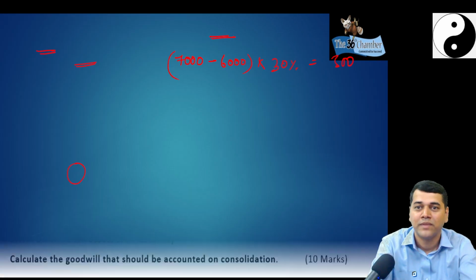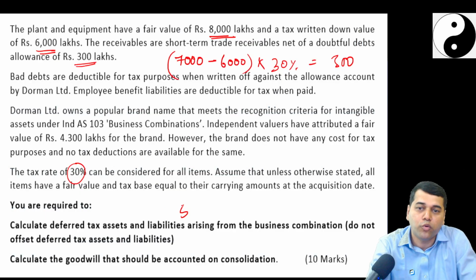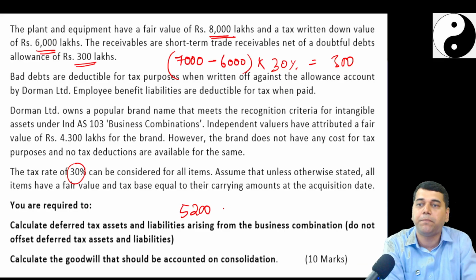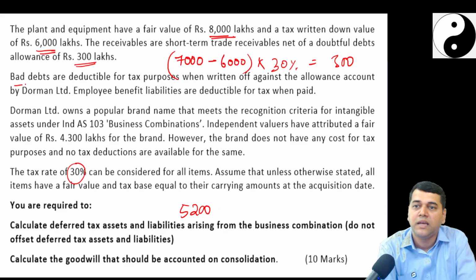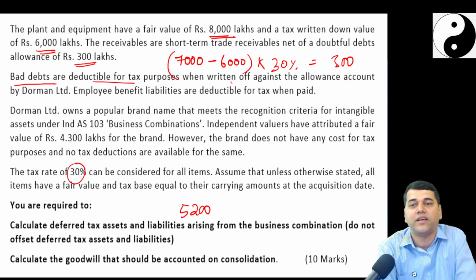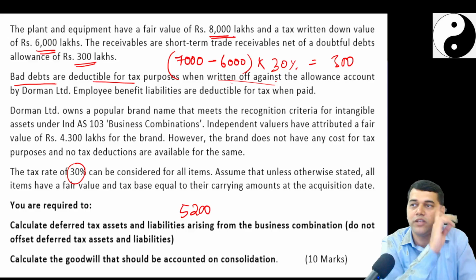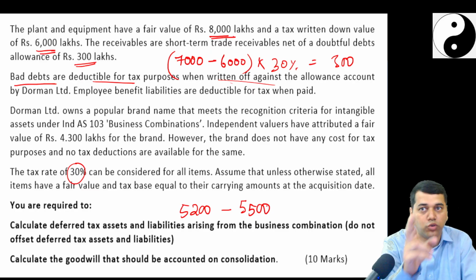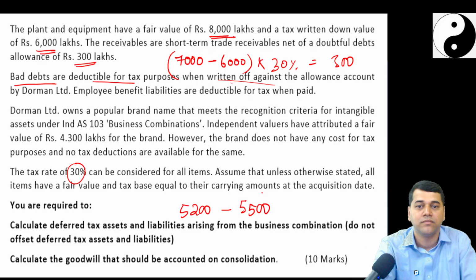Agreed? So your book value of the debtors is 5,200 after RBD. Was that RBD allowed? Bad debts are deducted for tax purposes, not your RBD. So what is the tax base for debtors? 5,500, because whatever deduction you claim, they didn't permit it.